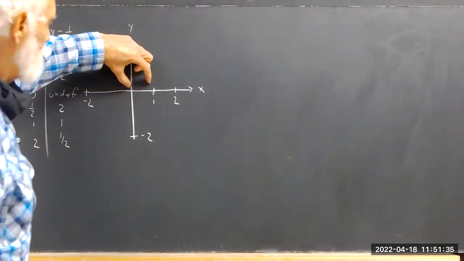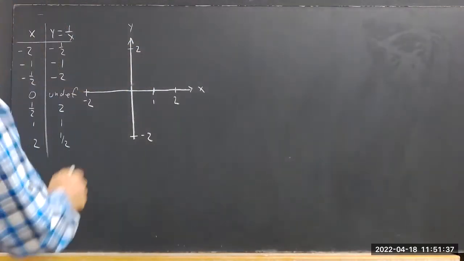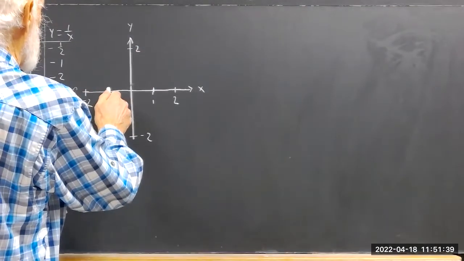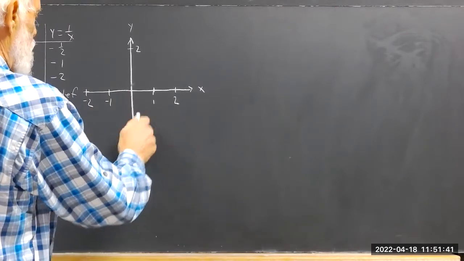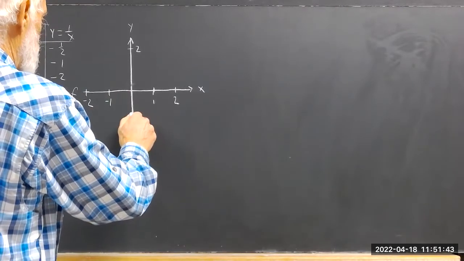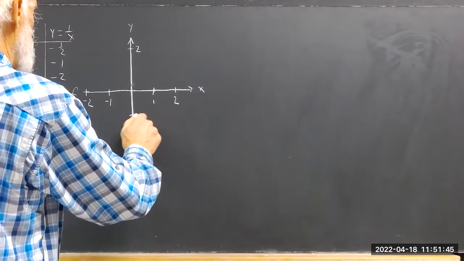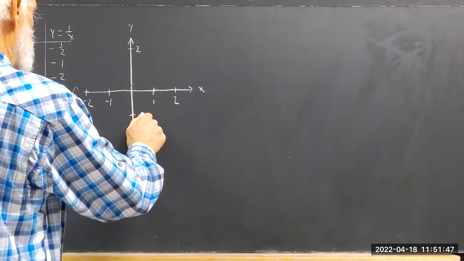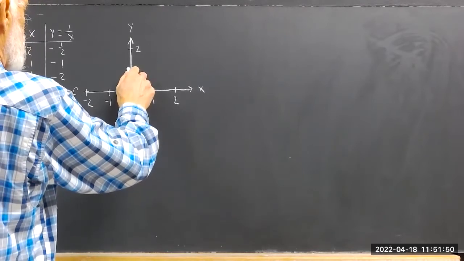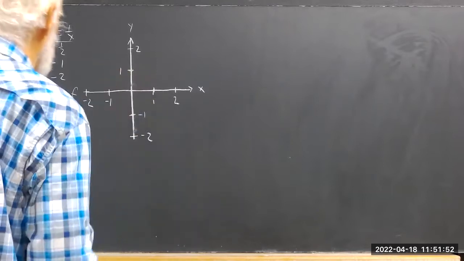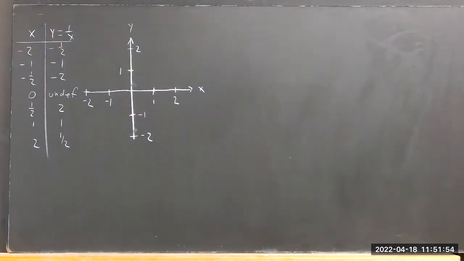And actually, my 1 was, yeah, it's about right. Okay, and -1 is going to be halfway here. And then similarly down here, you're going to have -1 here, and you're going to have 1 here.